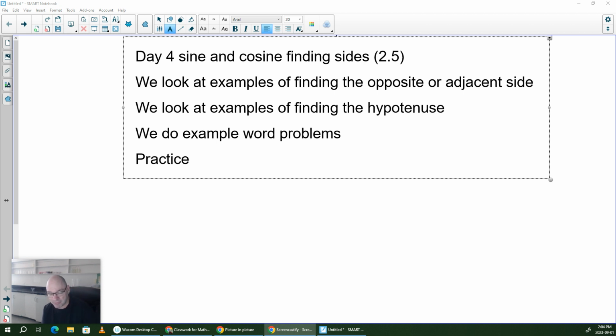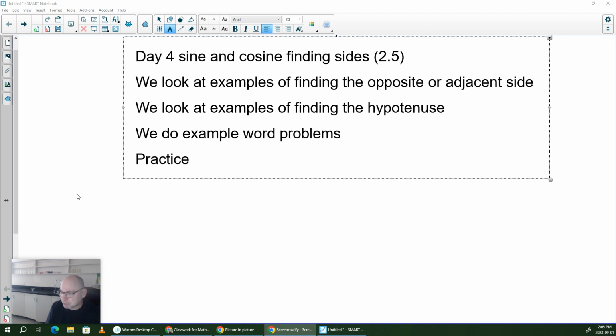And then in 2.7, it really starts to look at problems that have more than one triangle in them, so that you have to do multi-steps, and then that'll be the unit, kind of. So today we're going to focus on sine, cosine, sides.